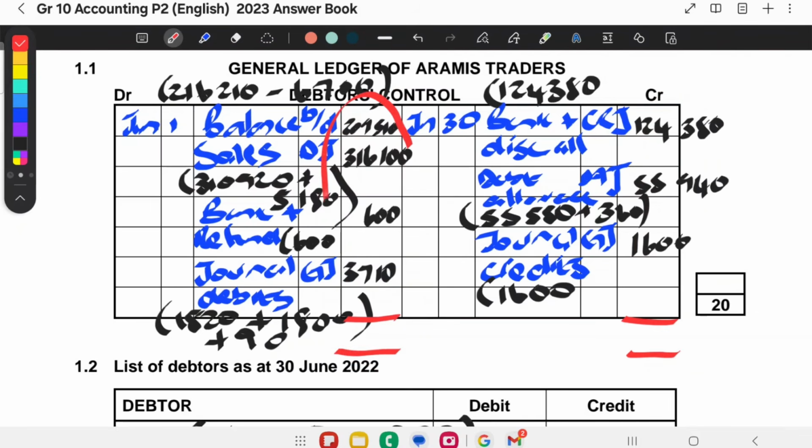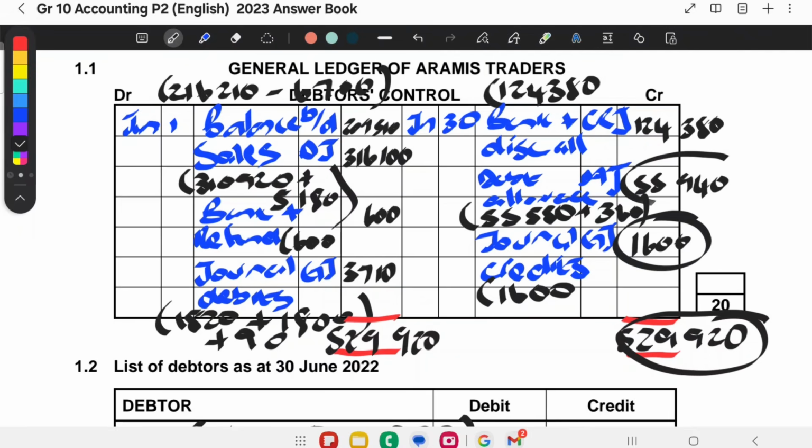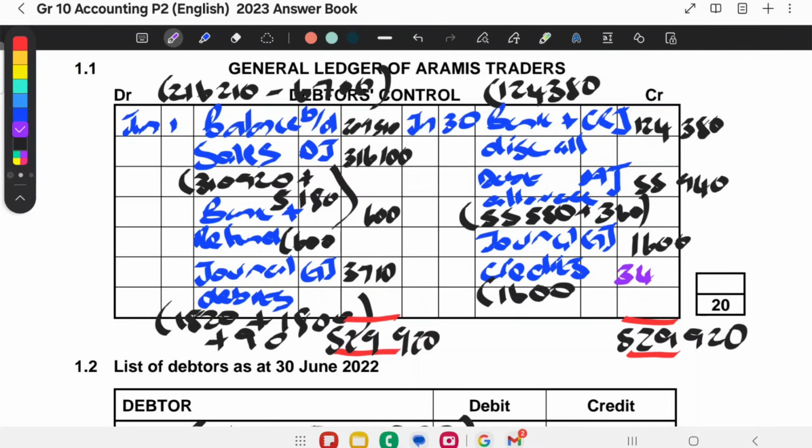So the bigger side is this one over here, and that amount is 529,920. So you write it on both sides. And then you say this minus this, minus this, minus that, because that wasn't the bigger side. And you get that to be 348,000.